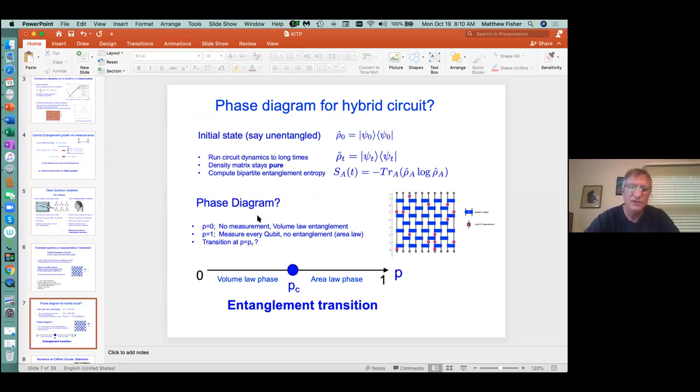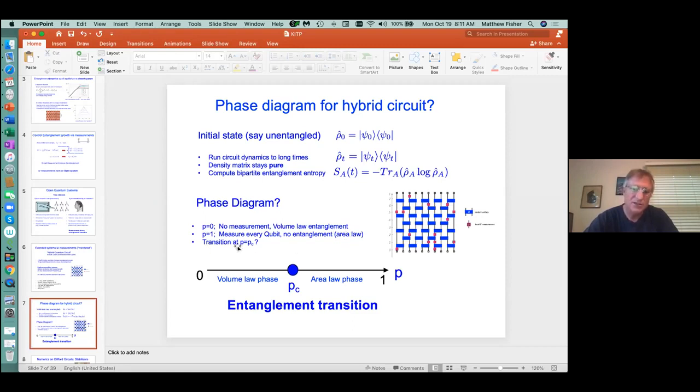Well, for P equals 0, where no measurements are made, one has basically a random unitary circuit, and it rapidly evolves into a maximally entangled state. So that has volume law entanglement. What about in the other limit, where P equals 1, where we are measuring every qubit at every available time in the circuit? That rapidly disentangles the qubits from one another and drives one into an area law state.